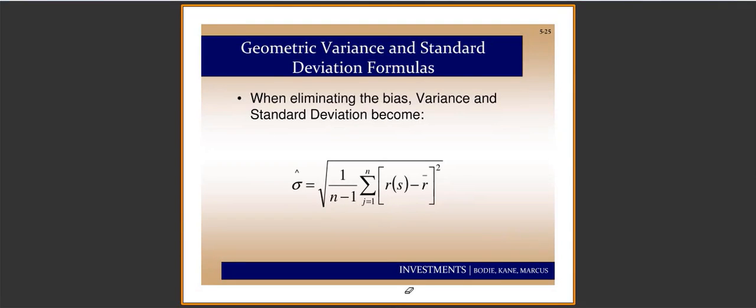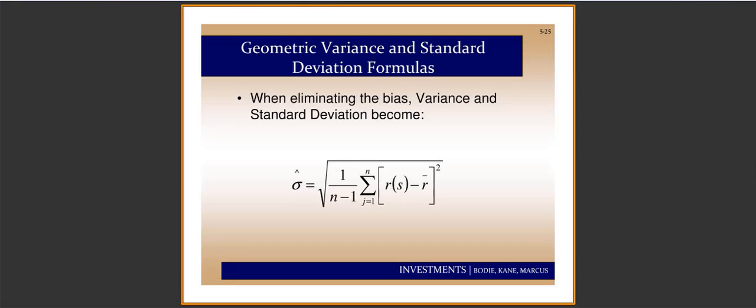Now our next slide says, when eliminating the bias, variance and standard deviation become. Okay. So let me put this into some other terminology that perhaps you've heard of before. Perhaps you've heard of the sample standard deviation and the population standard deviation.